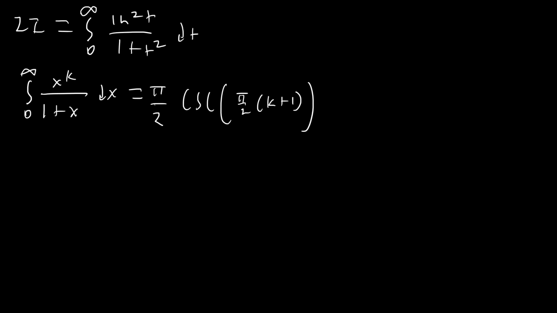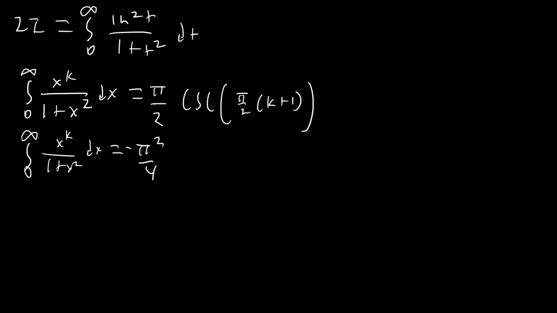So the way we're going to do that is we're going to differentiate with respect to k. So we differentiate both sides with respect to k. We're going to get the integral from 0 to infinity of x to the k ln x over 1 plus x squared dx equals negative pi squared over 4. Sorry, negative.